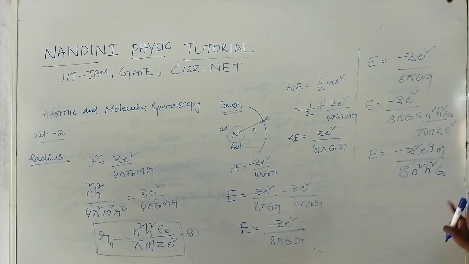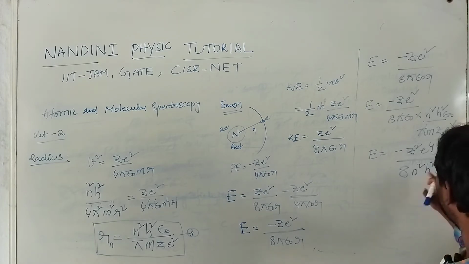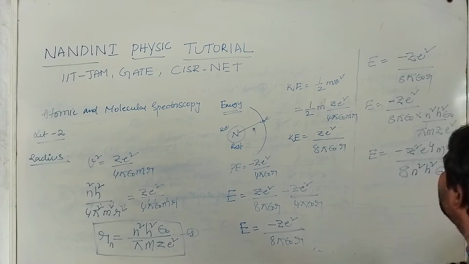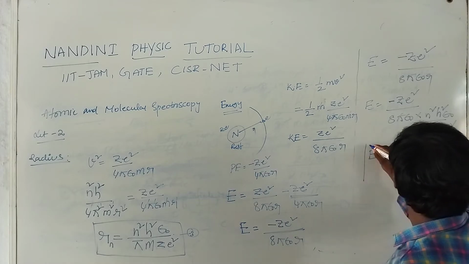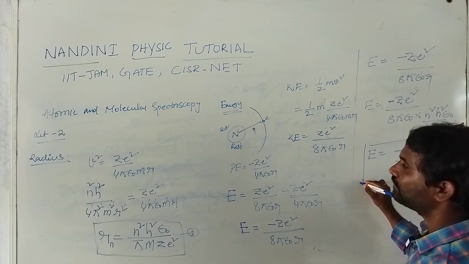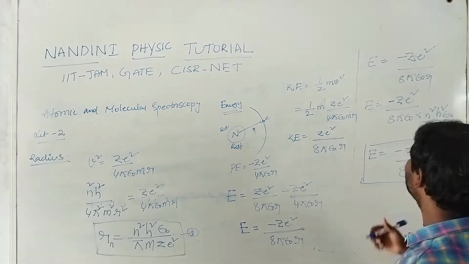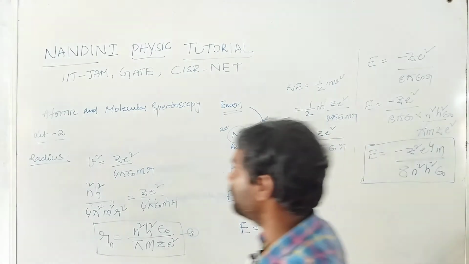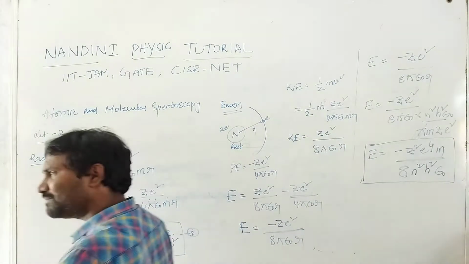Understand? So this is your final equation, that is minus Z square e power 4 m divided by 8 epsilon naught square n square h square. So this is your final energy of the atom. Okay. So this is the concept.